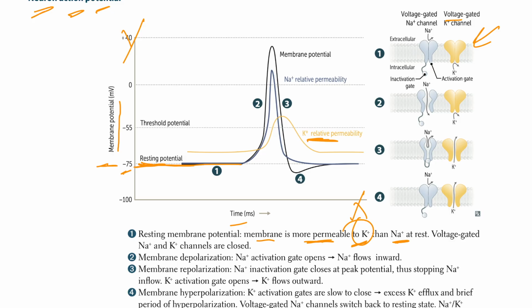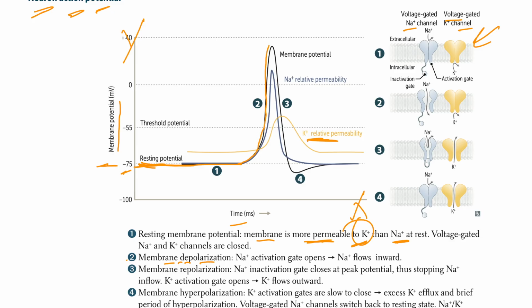The voltage-gated sodium channel is closed, and the voltage-gated potassium channel is closed at point 1, at resting membrane potential. And the second thing, point 2, is where membrane depolarization occurs. This is the membrane depolarization.